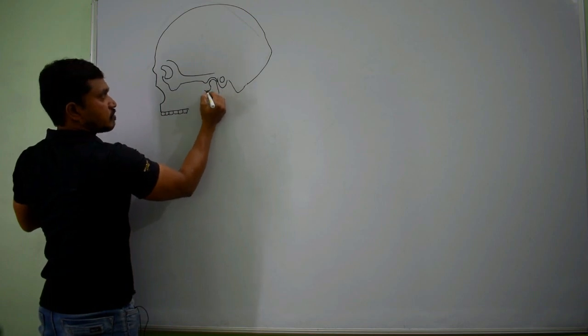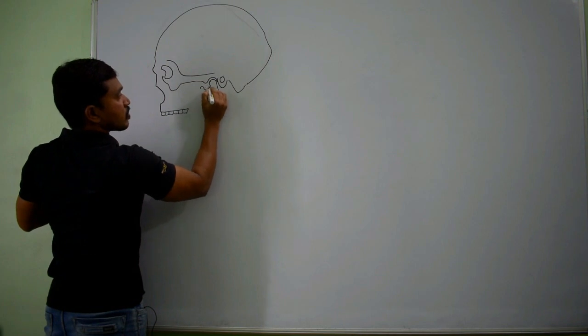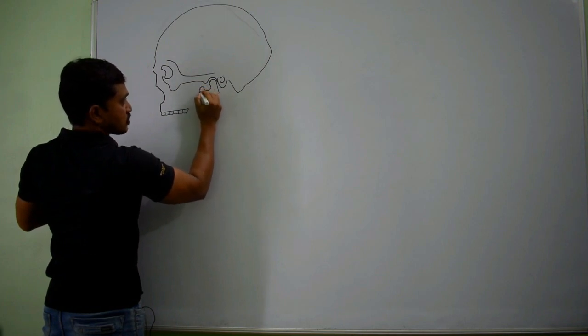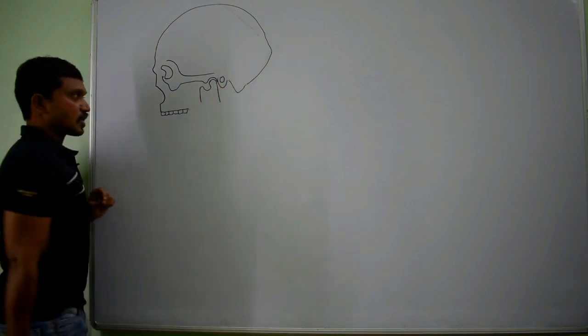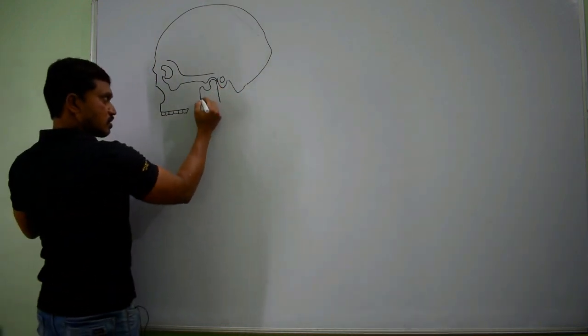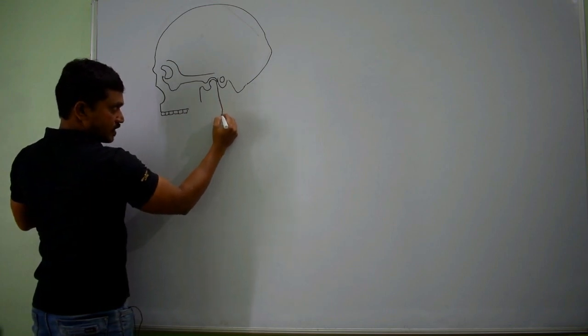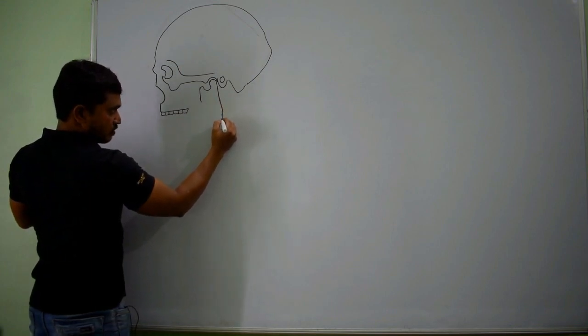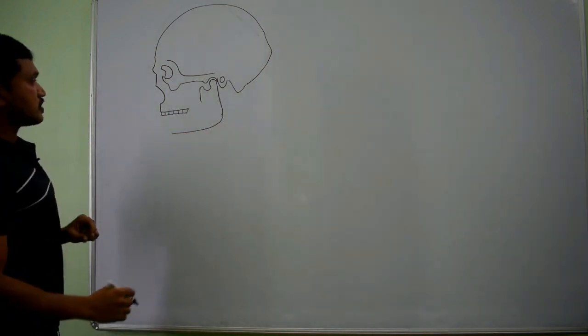Mandible also has a process here. What is this process? Coronoid process. Here is the ramus of the mandible, and in the lower part it forms the angle. Then this angle continues forward as the base.